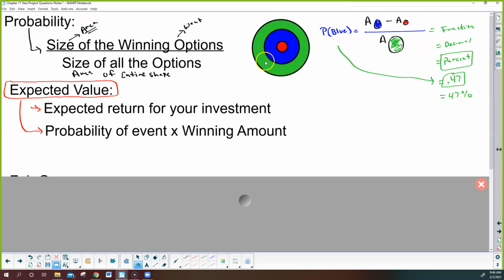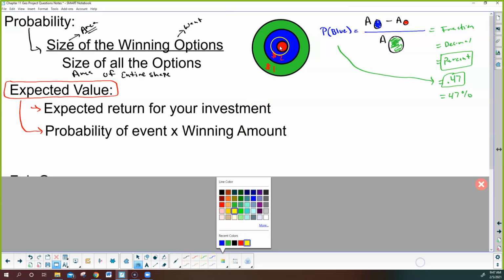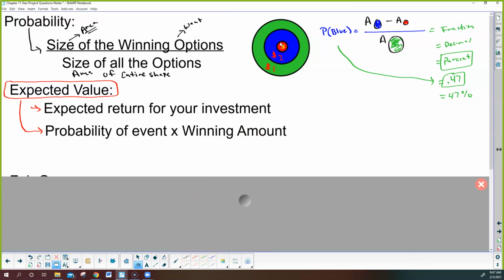It doesn't matter how much you paid to play the game, but let's say you paid $2 to play this game. And you got $1 if you hit the green. You got $2 if you hit the blue, and if you hit the red, that was worth $5.